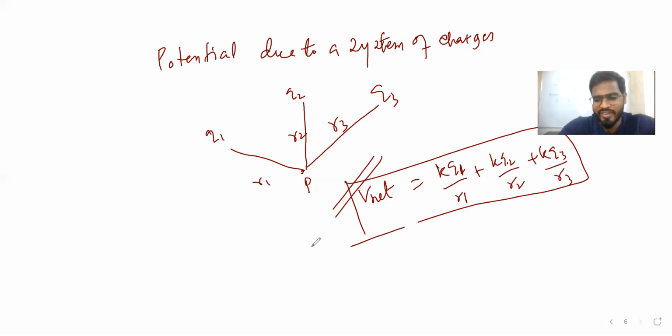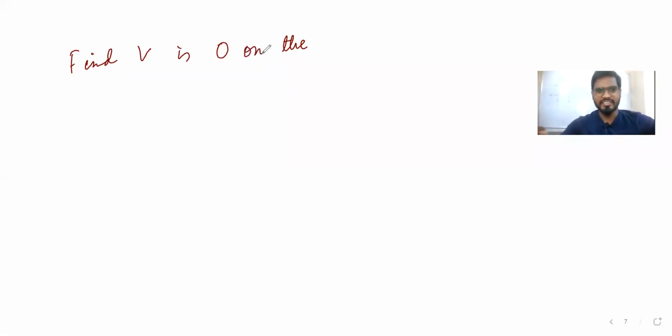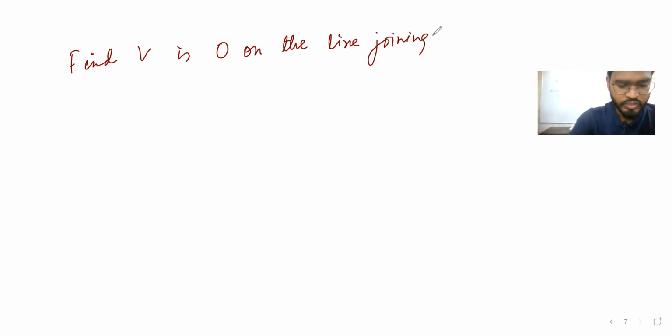Hope it is easy, right? Okay, now let's see two or three more numericals. Find where V is 0 on the line joining two charges, in between the two charges.